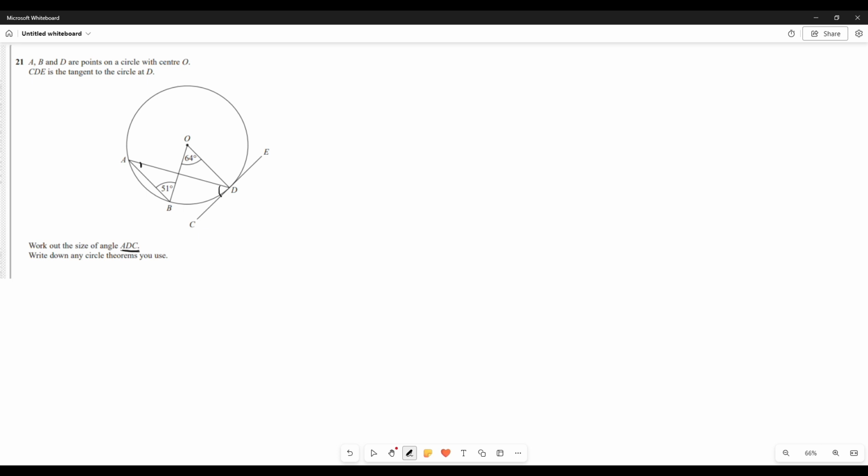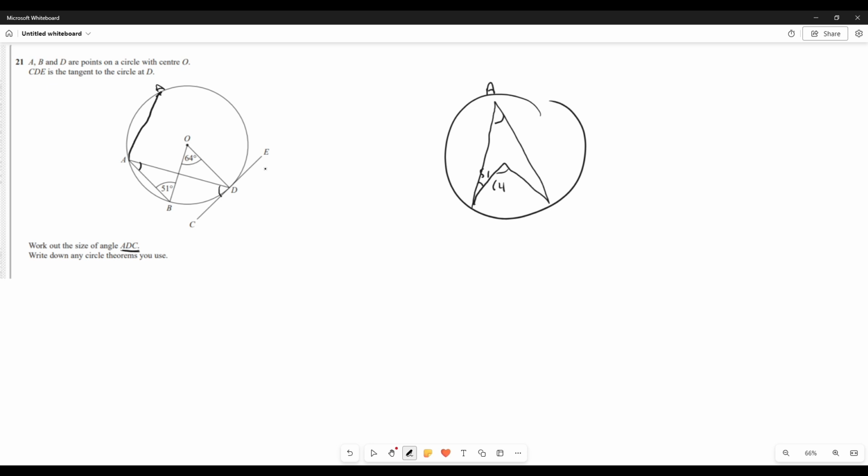What we know is if we bring this point all the way up there, we get a circle theorem that looks more like this. So this would be 64, this would still be 51, but this angle would move to A. That's the circle theorem: angle at the center is twice the angle at the circumference.